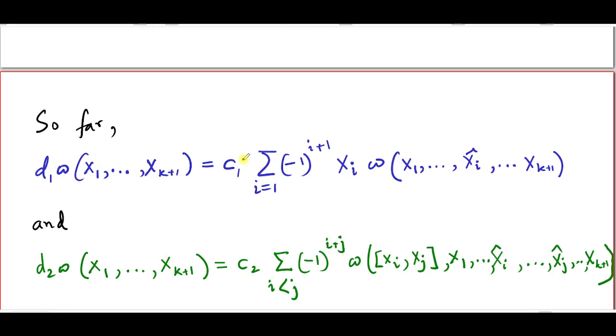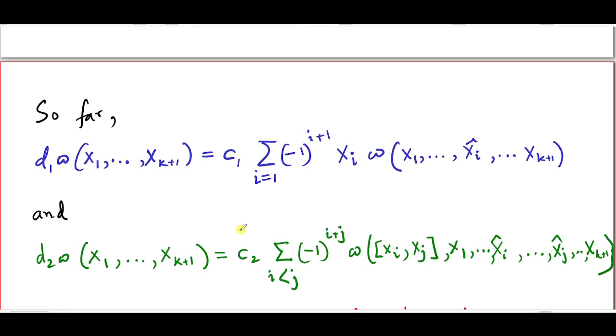And note the coefficient C1 here and the coefficient C2 here could very well be different constants. So we are calling them C1 and C2. And this is the second attempt which also has passed R linearity and alternatingness, but has failed on the C infinity multilinearity.